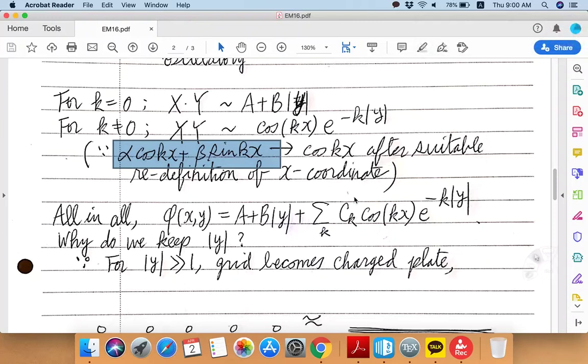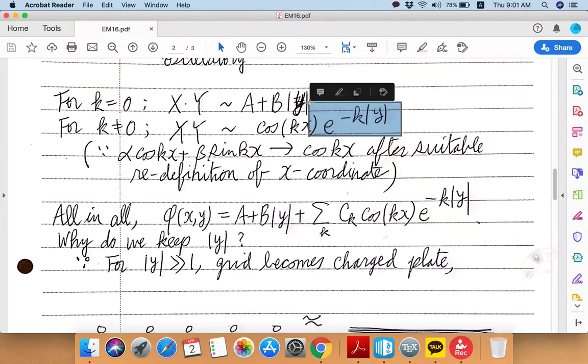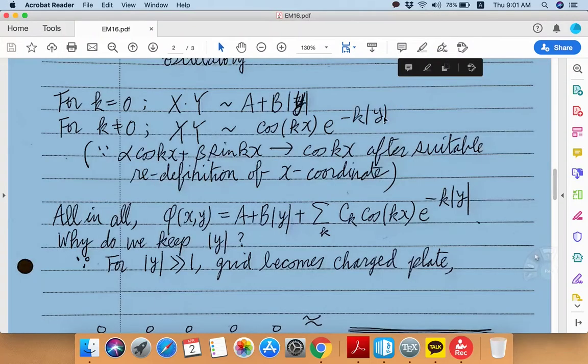So let's not bother to go through too much generality because we know that the answer will eventually come down to this one. Again, I put an absolute sign here because, as I said, this function better fall off exponentially as you move away from the array, and this absolute sign here guarantees that exponential fall off.